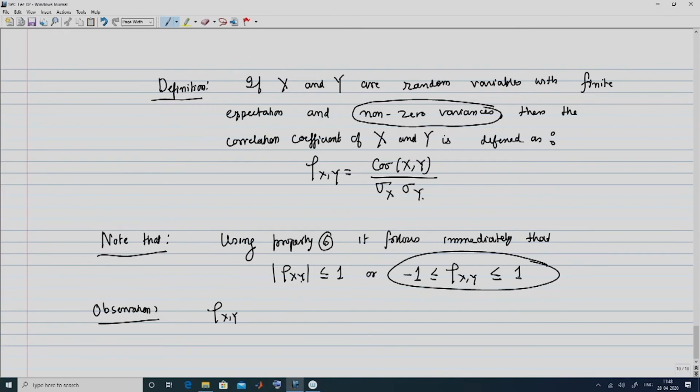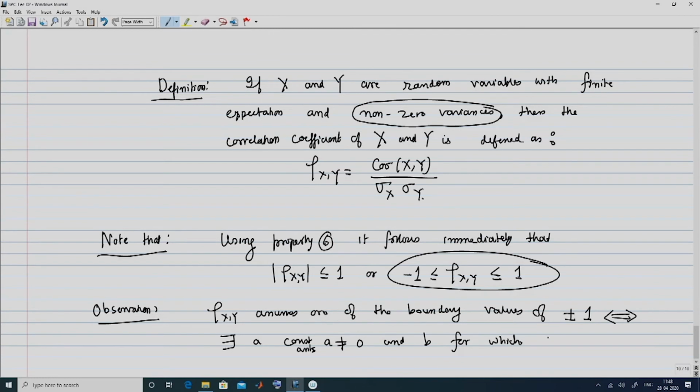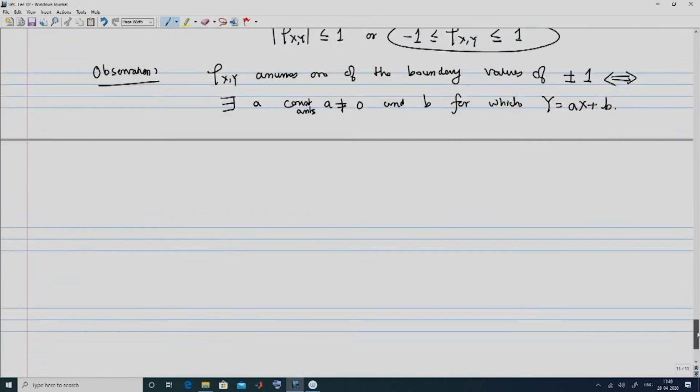Rho XY assumes one of the boundary values of plus or minus 1 if and only if there exists a constant a not equal to 0 and b, so there are actually two constants, for which Y is equal to aX plus b.